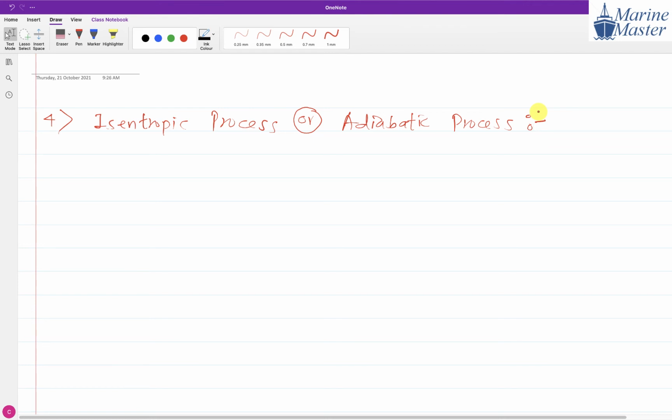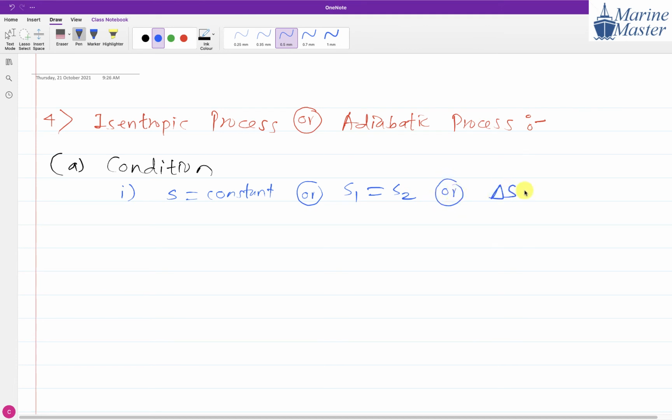Done. Now here what will be our A point? A point is the condition. So the first condition we can say is S1 is equal to S2, that is S constant. S constant means initial entropy is equal to final entropy, or delta S, that is final entropy minus initial entropy, will become 0.